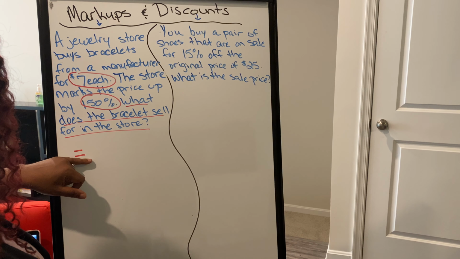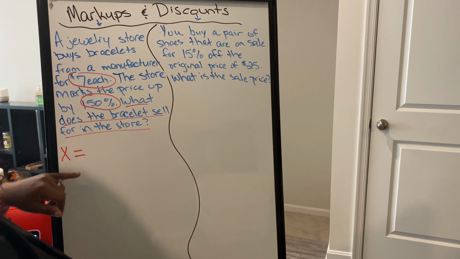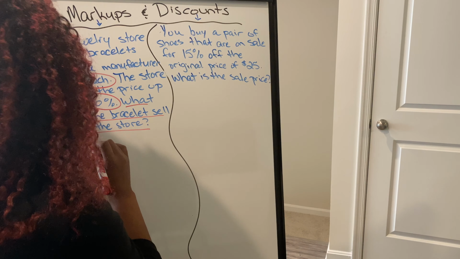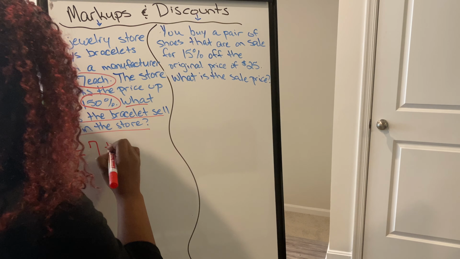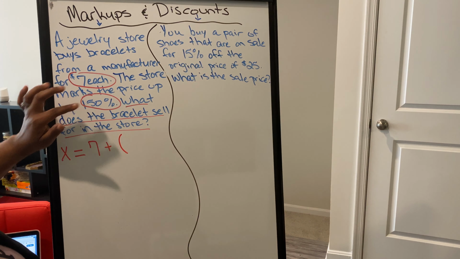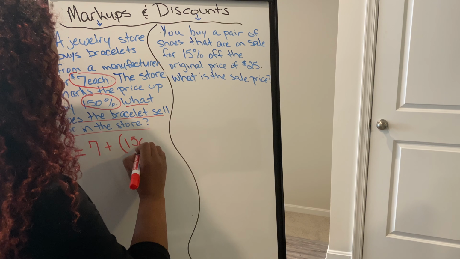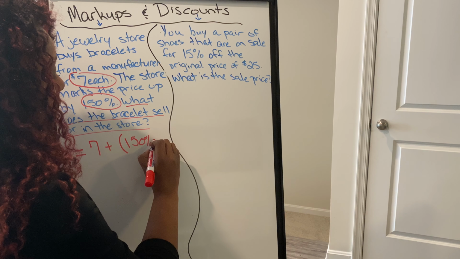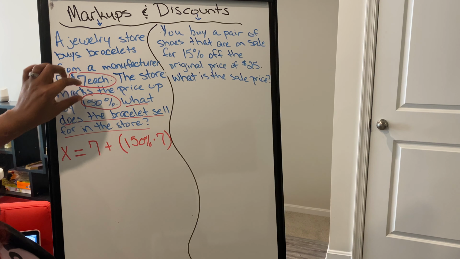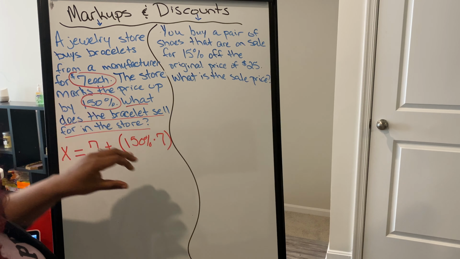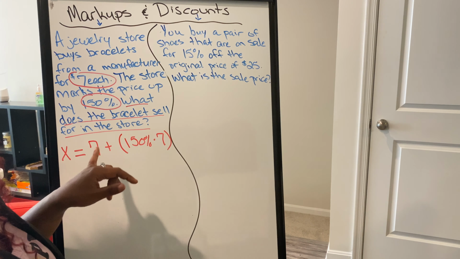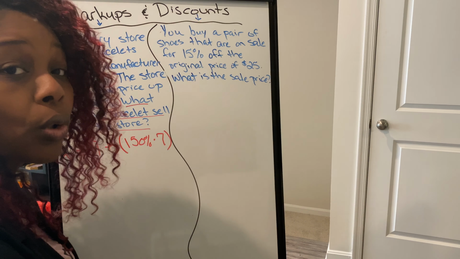So my retail value is going to equal the wholesale price, which was $7, plus the markup. The markup is 150% times the 7. Because what you got to do is multiply this times this in order to get how much more the customer is going to pay than the store owner paid.